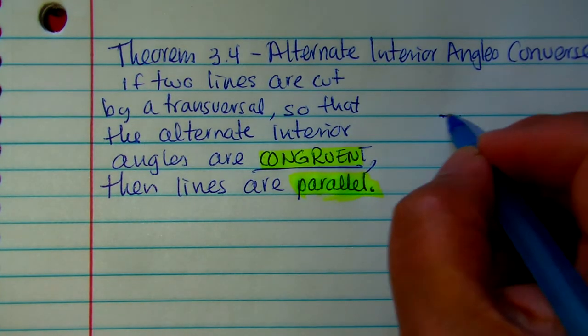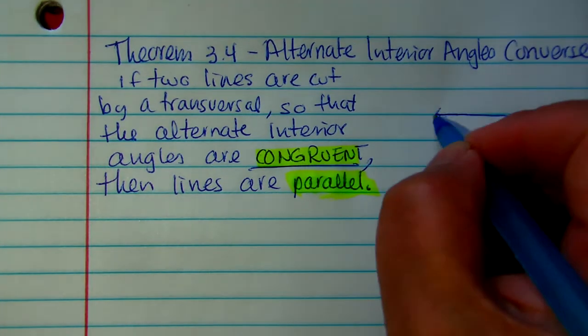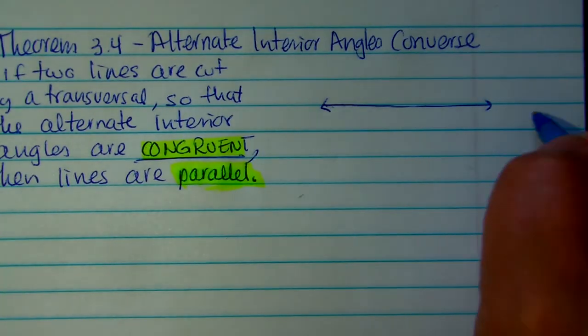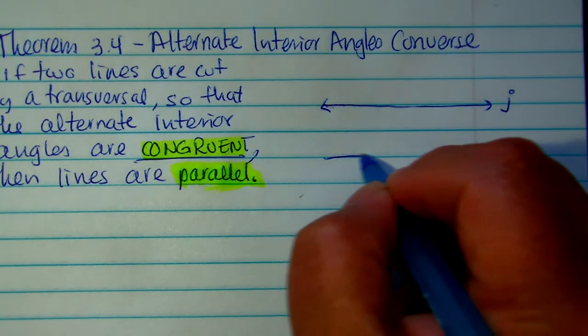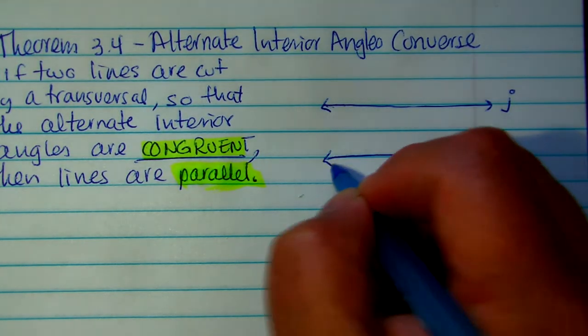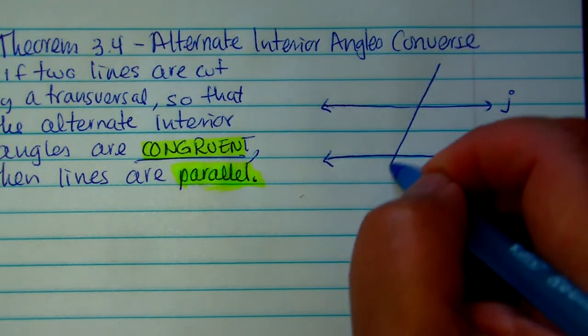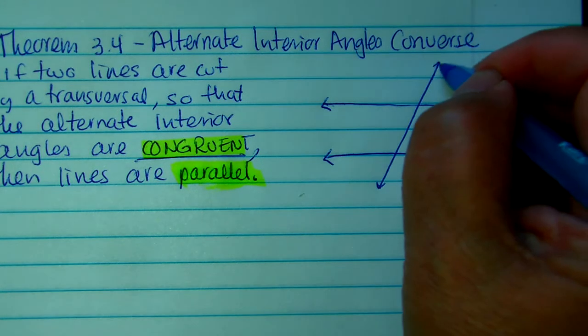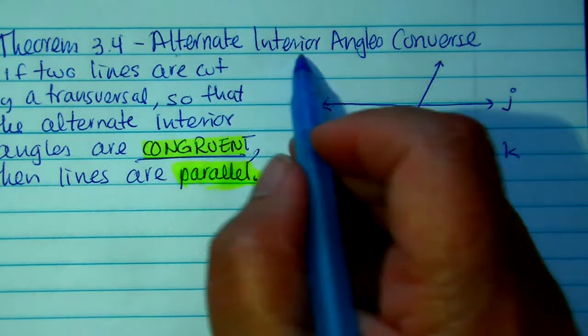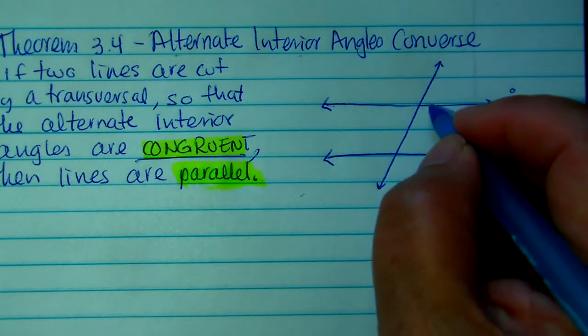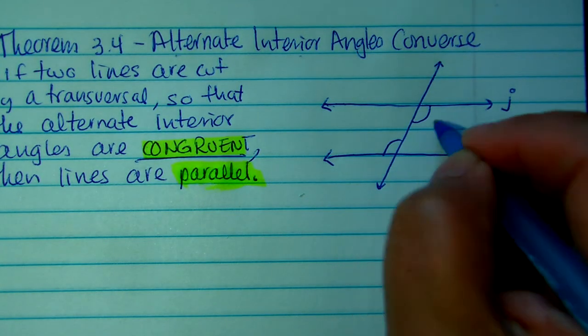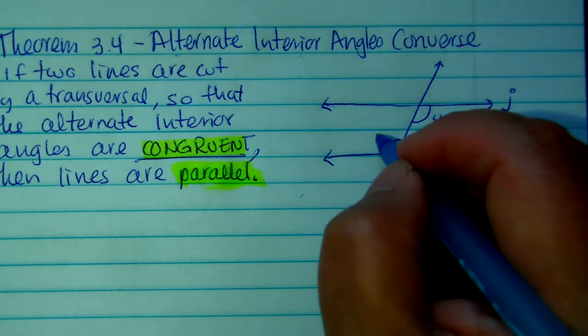Again, line J, line K, here's the transversal, alternate interior angles. I'm going to mark this one and this one, number 4, number 5.